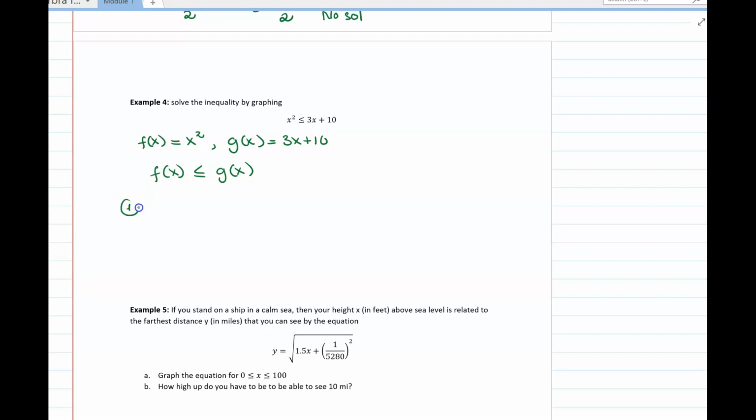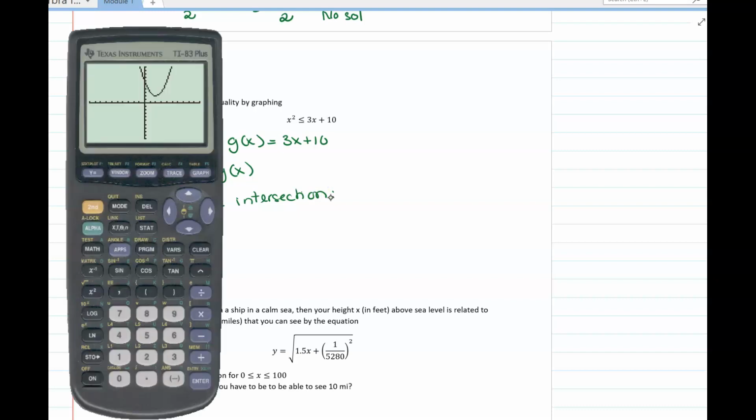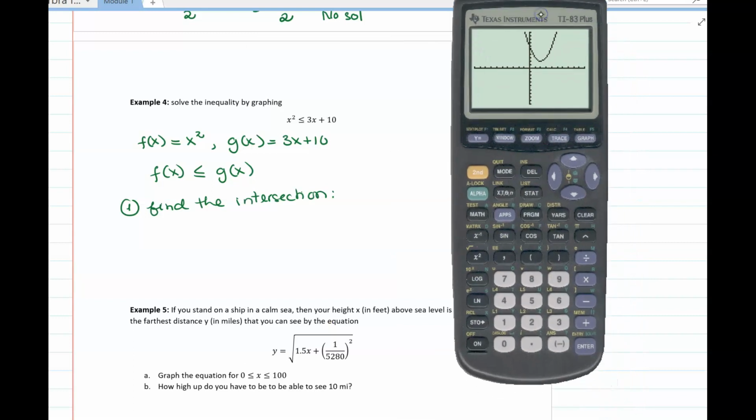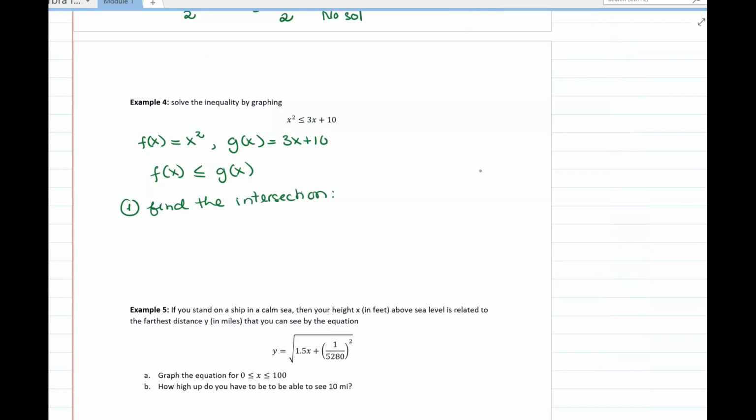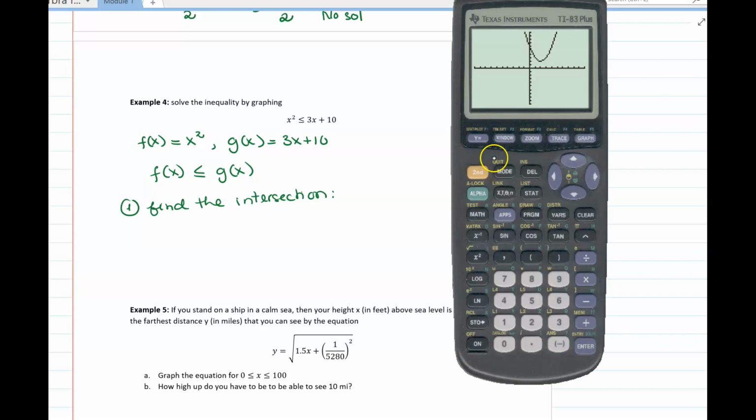So first, to find the intersection, we do this by graphing. So start with the graph x squared. And the next one is 3x plus 10.